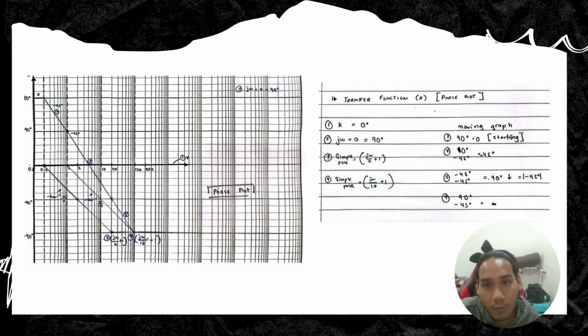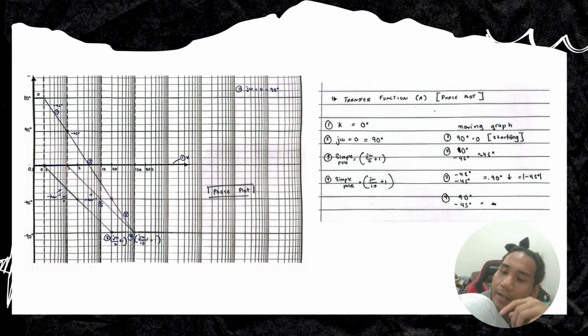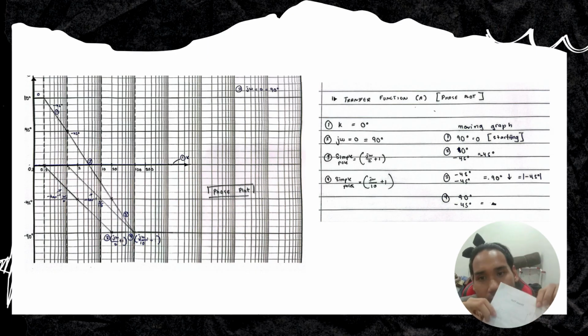That will be our first straight line. For the second one, j omega is the zero. By referring to our Bode plot summary table, we see that zeros are a straight line starting from 90 degrees.